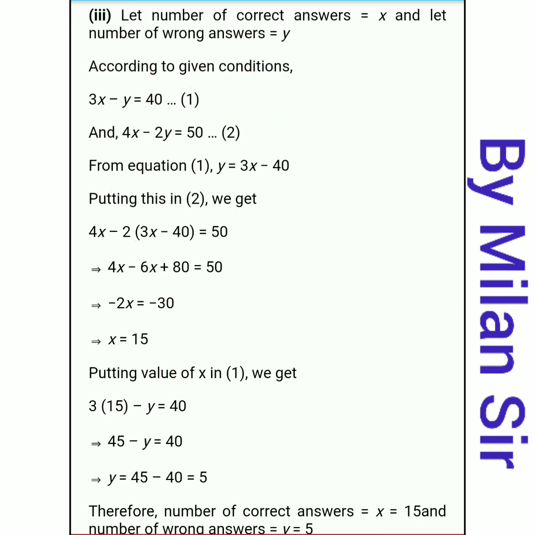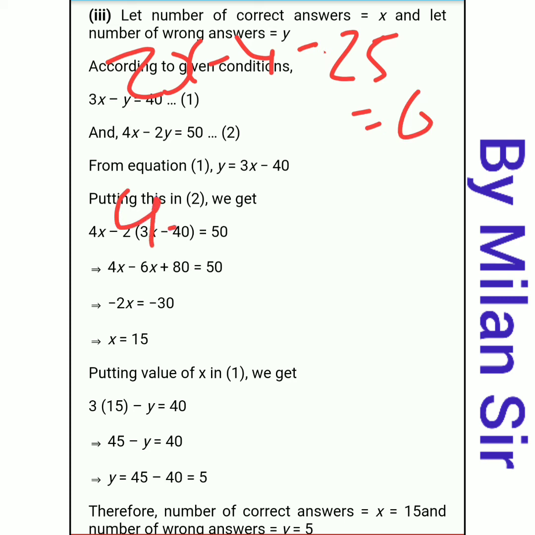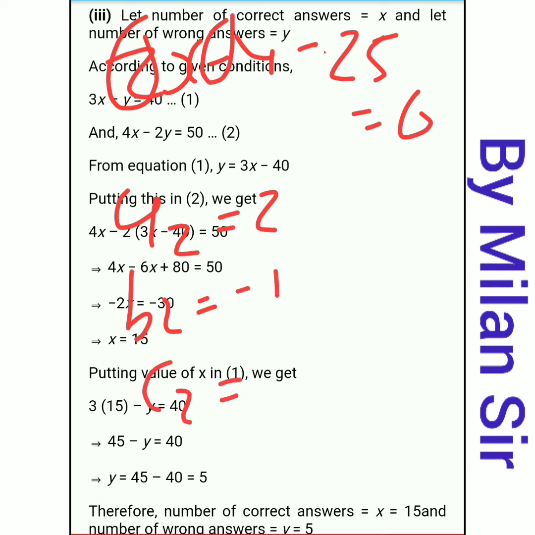Then the second equation, 2x minus y is equals to 25, and we need to transfer this 25 to the left hand side. It becomes minus 25. Right? So a2, the coefficient of x, is 2, b2, the coefficient of y, is minus 1, and c2, the constant term, is minus 25.